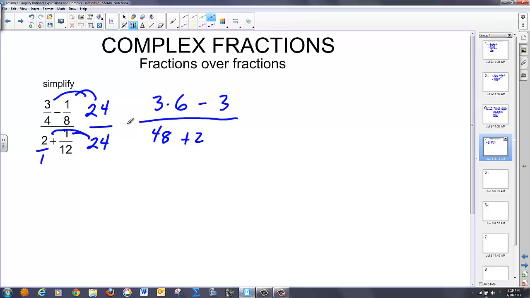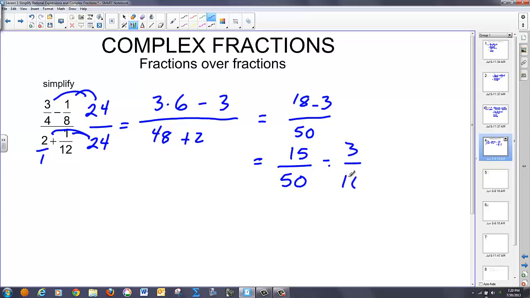So what now has happened is I've lost all my fractions, and I'm left with just one. So in this case, I have 18 minus 3, and that's going to be over 50. So I get 15 over 50. 5 goes into both, 3 times here, 10 times here, and I'm done.